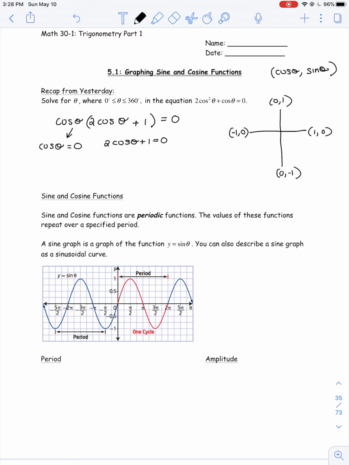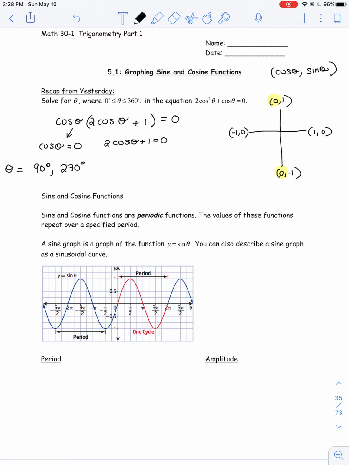That's going to happen in two places, here and here. So those are the two places where cos theta equals 0. Since we're in degree mode, that occurs at 90 degrees and at 270 degrees. So those are my two answers for the first one. That's what theta could equal.